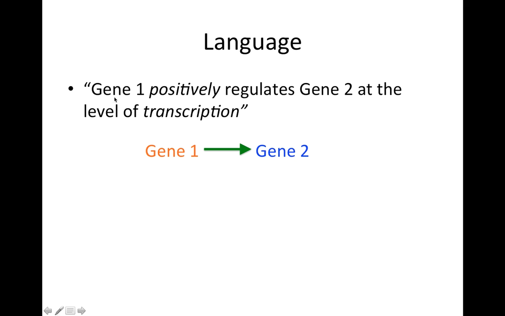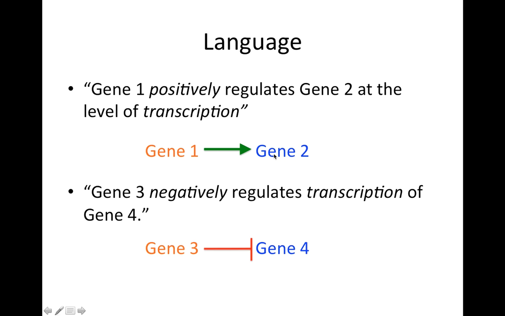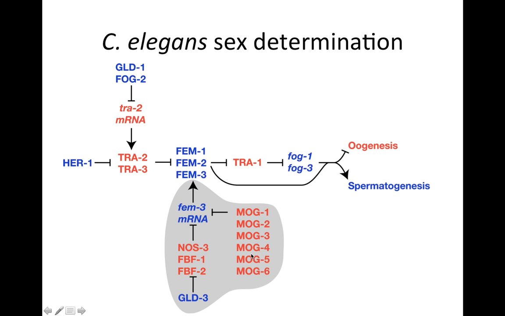The green arrow just means that gene 1 has a positive regulatory effect on gene 2. Or we could say gene 3 negatively regulates transcription of gene 4, and we can do that with this red block.